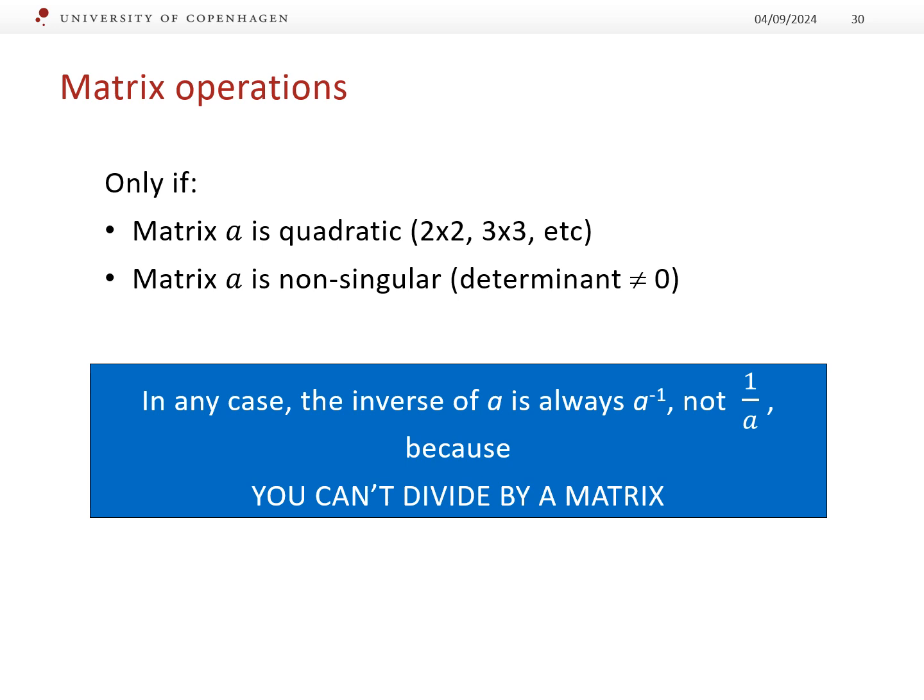In any case, the inverse of A is always A to the power of minus 1, not 1 divided by A, because you cannot divide by a matrix. So the inverse of a matrix is always the matrix to the power of minus 1, not 1 divided by it.